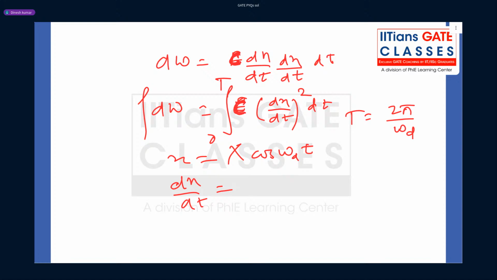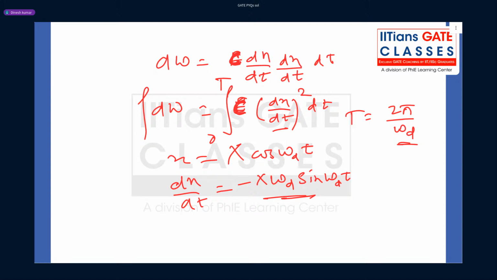Now guys, when you differentiate, what you get? Minus X omega d sine omega d t. Now substitute this in the equation, integrate and then put in the limits.